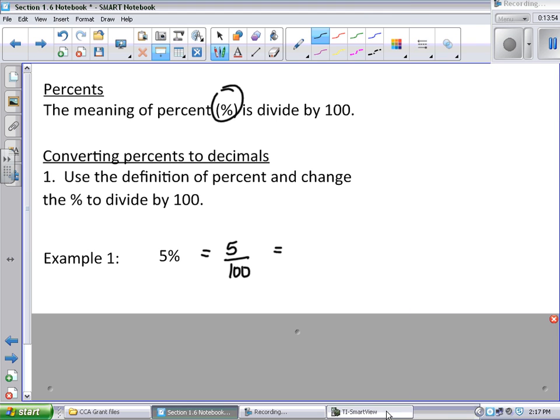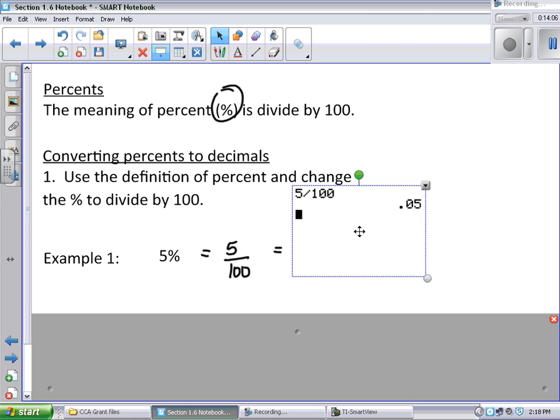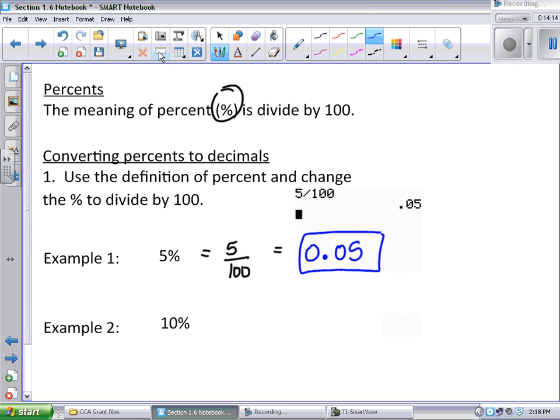If you do 5 divided by 100 on your calculator, it will tell you it's 0.05. Okay, so our answer is 0.05.